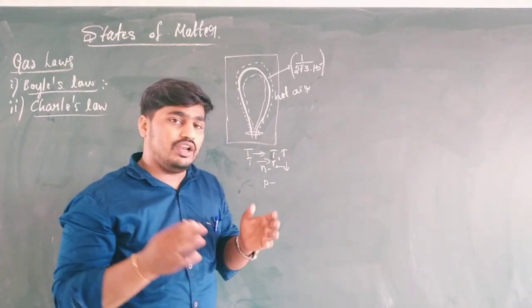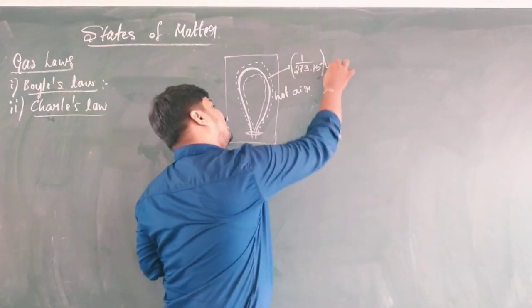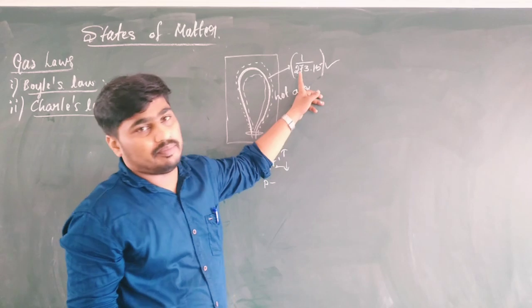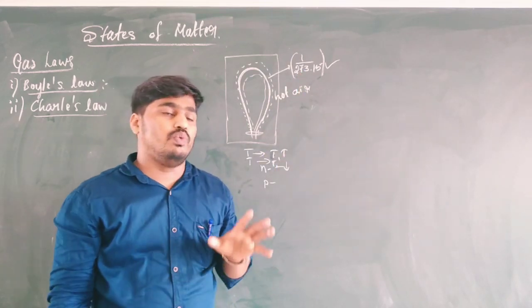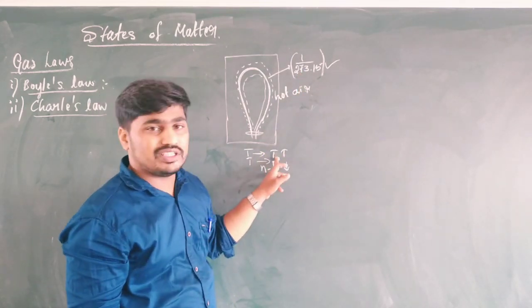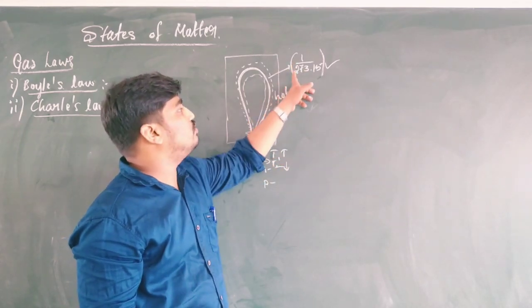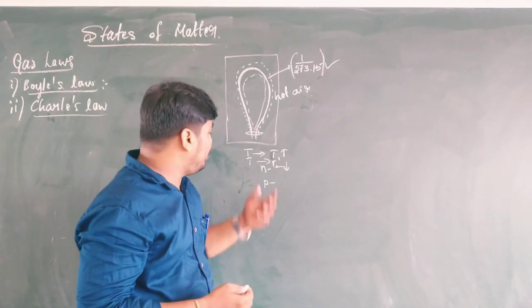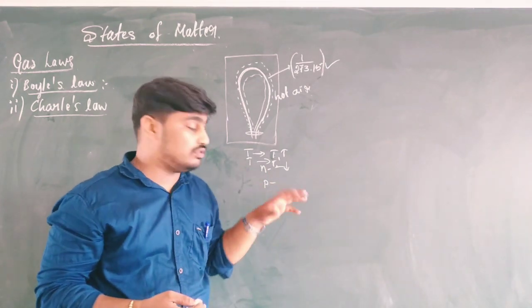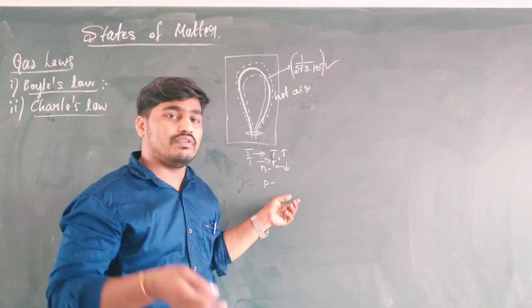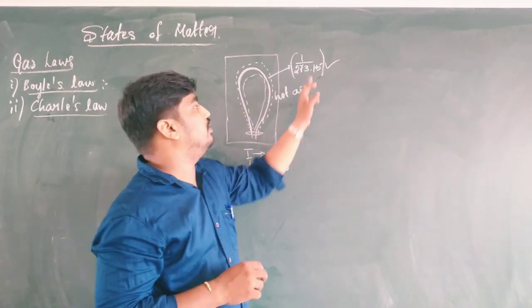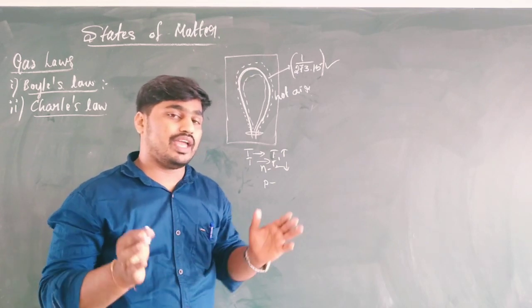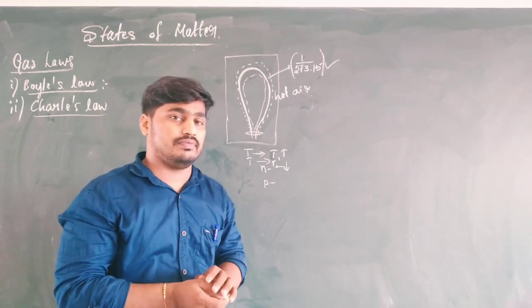Again this much for every degree: when the temperature rises by 1 degree, 1 by 273.15 of the volume increases. When the temperature falls by 1 degree, 1 by 273.15 of the volume decreases.